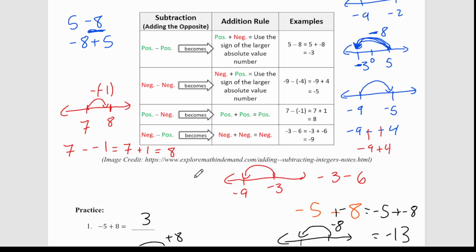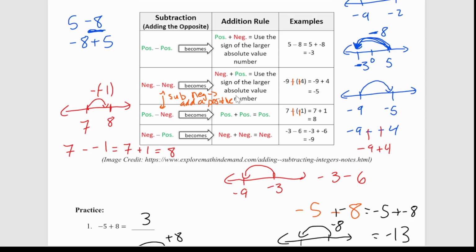But anytime you're subtracting a negative, it's probably going to be helpful in general to go ahead and just flip the sign, flip the sign. Change that to adding a positive. Subtracting a negative is the same as adding a positive, which I'm going to write down here too. So subtract a negative is the same thing as adding a positive. That might be a good way to think about it.